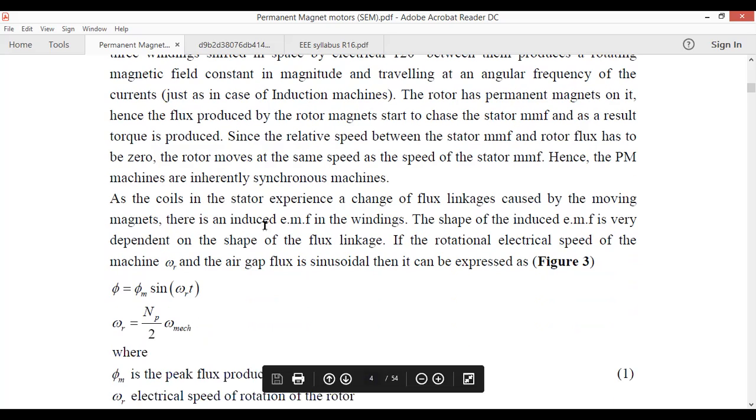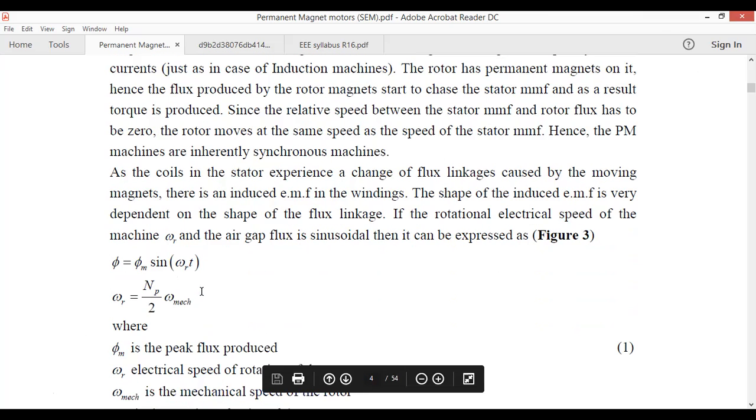As the coils in the stator experience a change of flux linkages caused by the moving magnets, there is an induced EMF in the windings. The shape of the induced EMF is very dependent on the shape of the flux linkage. If the rotational electrical speed of the machine is omega r and the flux is sinusoidal, then the equation can be psi equals psi m sin omega t.